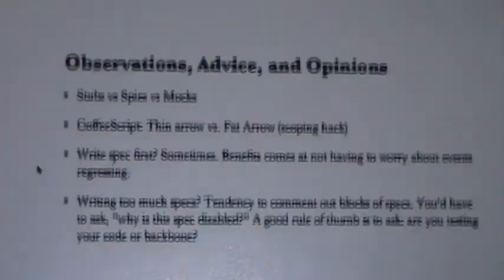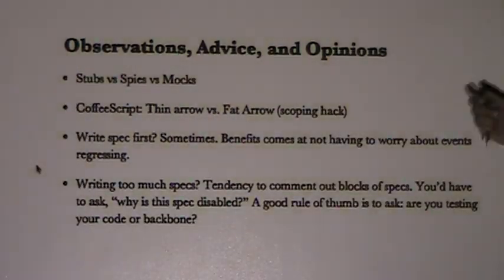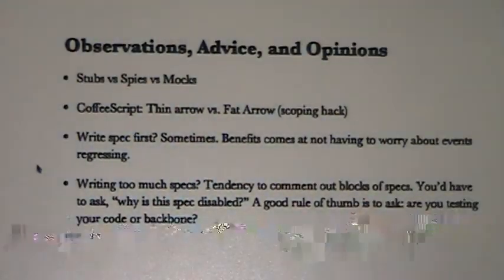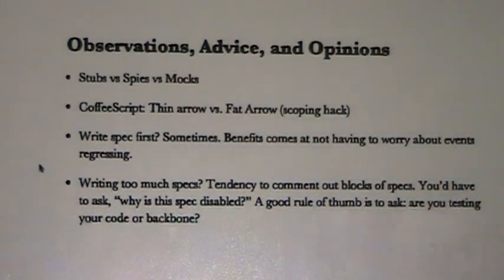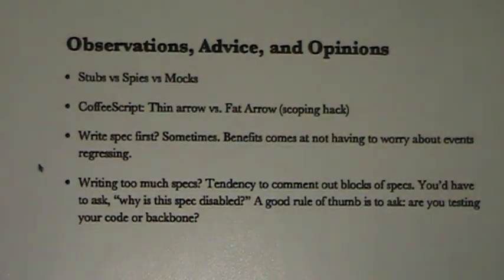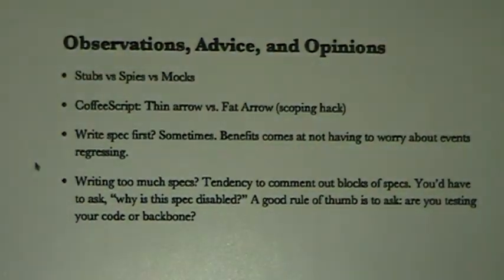Okay, last, mostly my opinions. In Sinon, there's a concept of mocks, which is similar to Ruby's doubles. It does a little bit of stubbing and a little bit of spying.